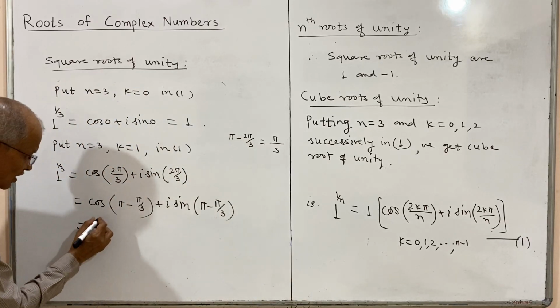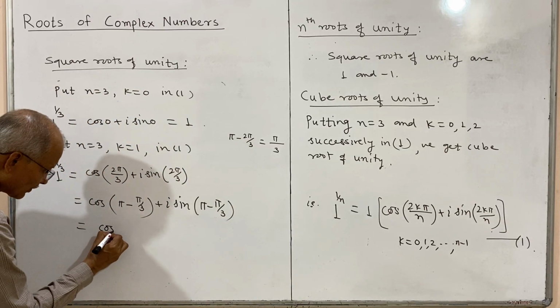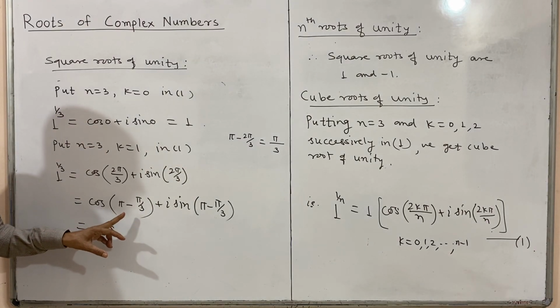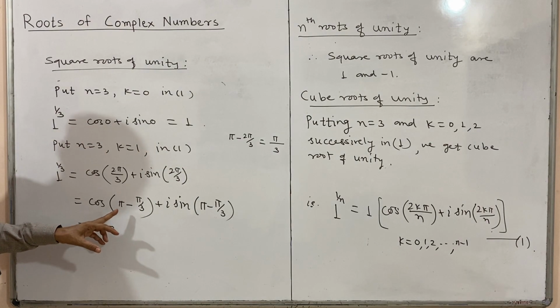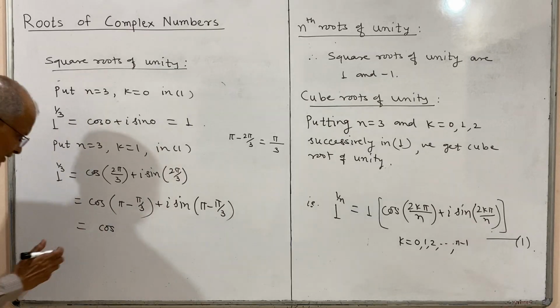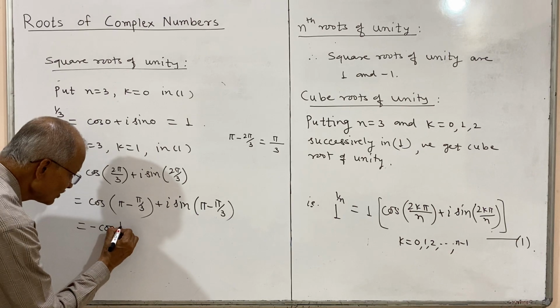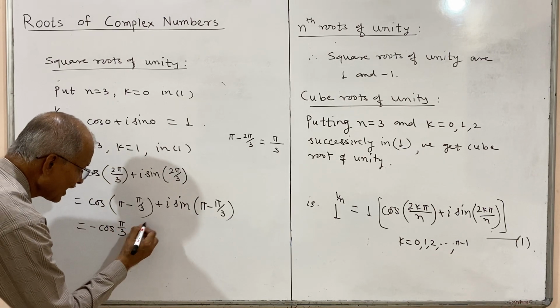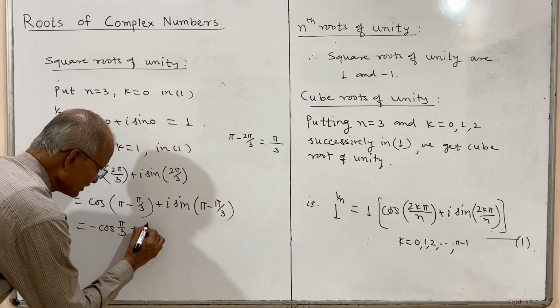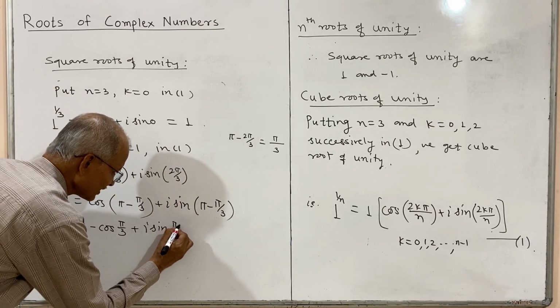And this is by trigonometric formula. Cos of pi minus pi by 3 is in the second quadrant, and when it is pi plus or minus theta, the ratio remains the same. But in the second quadrant cos is negative, so minus cos pi by 3, and in the second quadrant sine is positive, and this is i sin pi by 3.